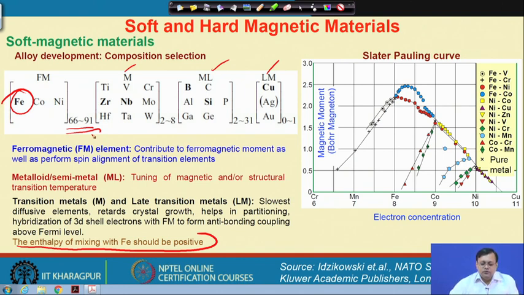And now, by choosing some different electron pairs, we think about, let us say, the Bohr magneton values with the electron concentration. So, this is a typical Slater-Pauling curve, which says that I may have iron vanadium, means I can choose here vanadium and iron. Okay. Then where will it lie? Whether it is going to increase or decrease.